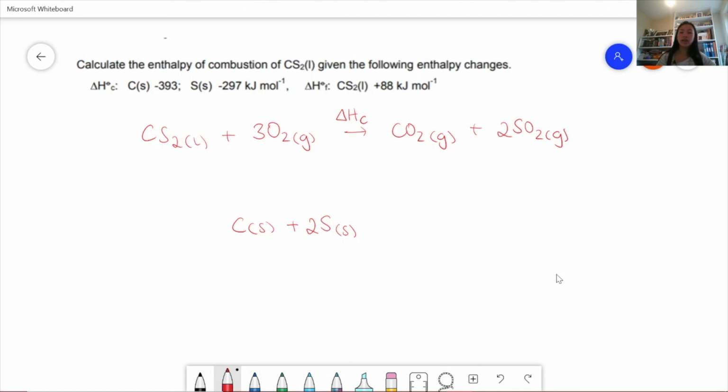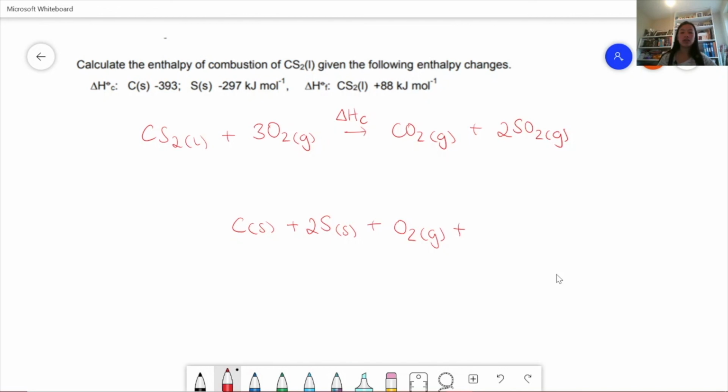And then we can combust carbon. So if I add an oxygen here, we can form the carbon dioxide because I'm completely combusting 1 mole with oxygen to form carbon dioxide. And then the same with the sulfur dioxide. So I can combust sulfur with oxygen completely to form sulfur dioxide.